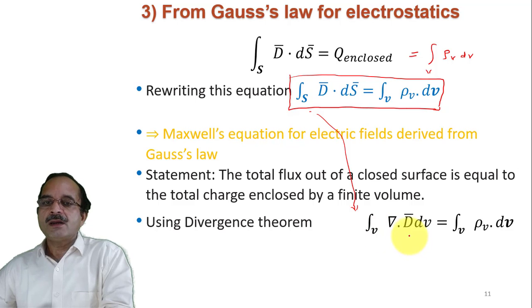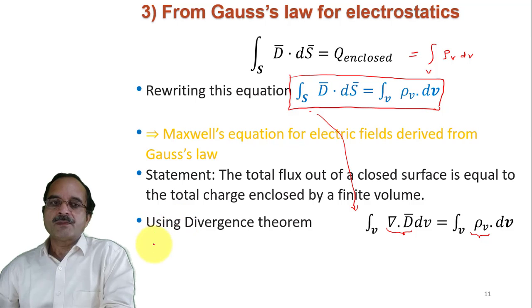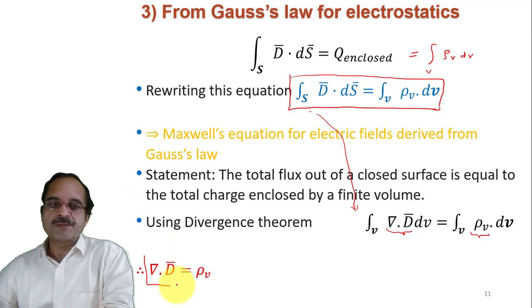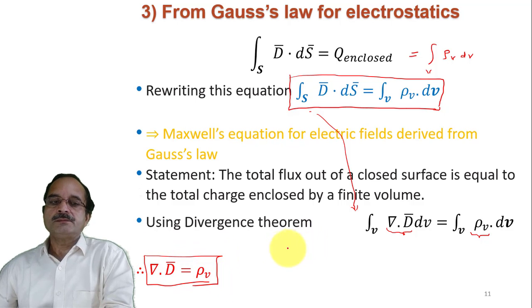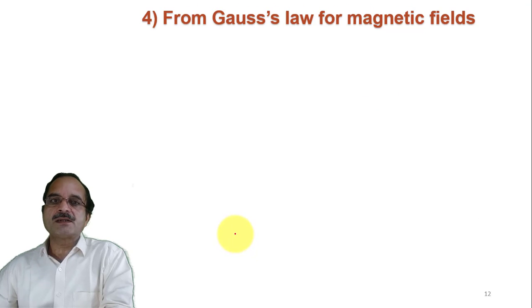So volume integral del dot D dv equals volume integral rho v dv. Now from this equation, if we compare the left hand side and the right hand side, then we can write del dot D is equal to rho v. This becomes the point form of Maxwell's equations. So this is the same as static field. So del dot D equals rho v, that is the volume charge density.